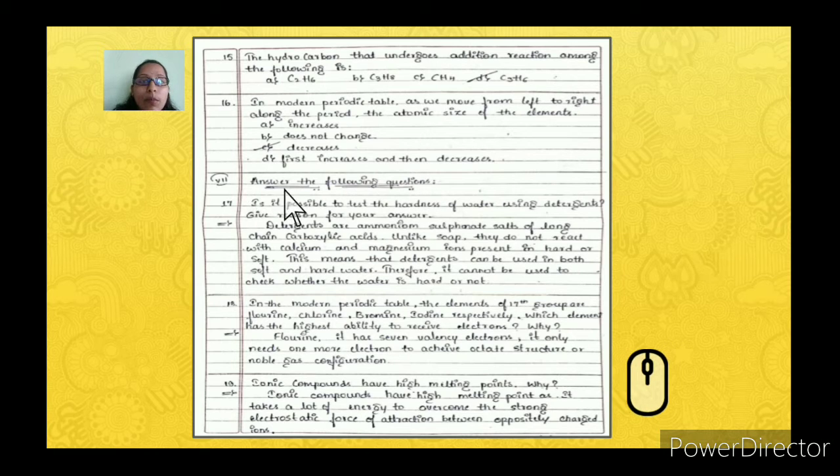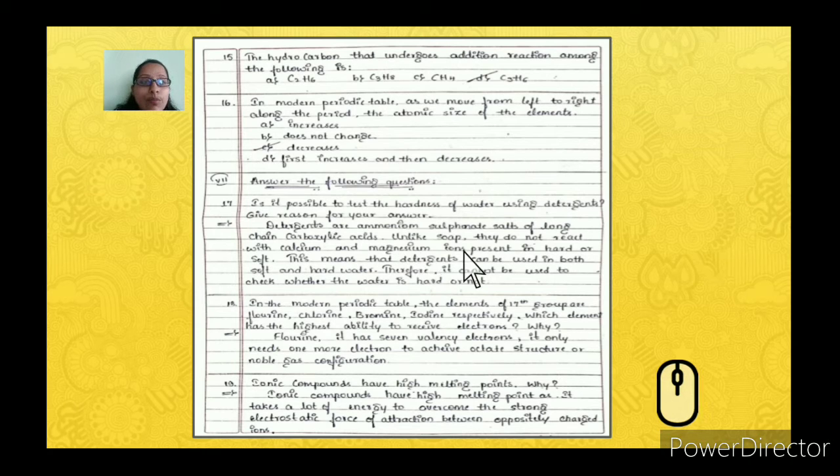Next, answer the following questions. Is it possible to test the hardness of water using detergents? If so, you need to give the reason. What are detergents? Detergents are ammonium or sulfonate salts of long chain carboxylic acids.